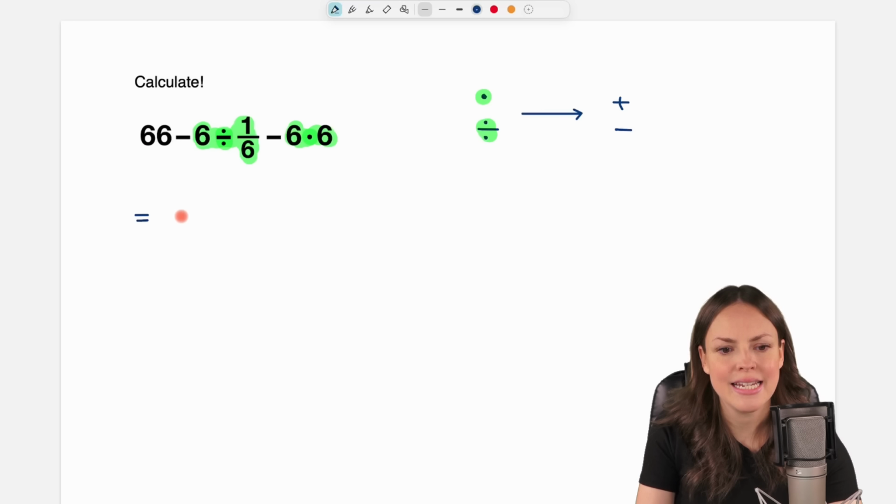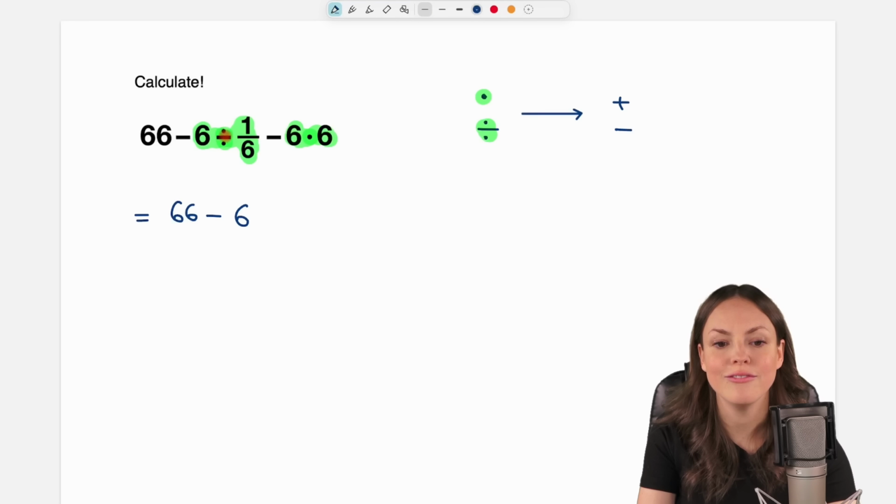We have 66 minus, and now 6 over this fraction. 6 divided by a fraction can be calculated by taking the 6 as it is, and instead of dividing by the fraction, we're going to multiply by its reciprocal. So we have to switch these two numbers. We take the 6 and write it down here, and the 1 goes down here.